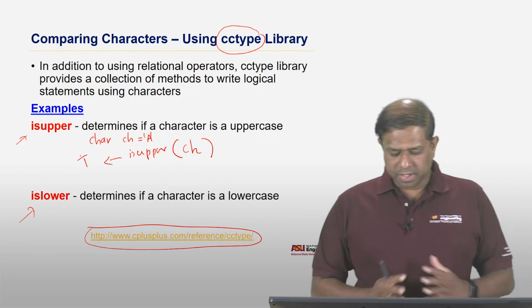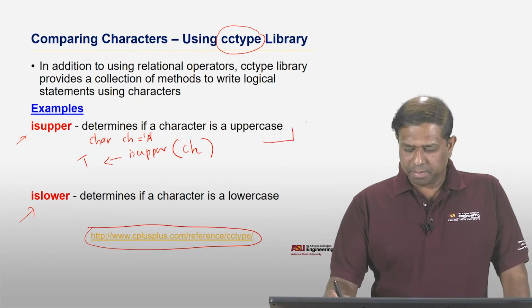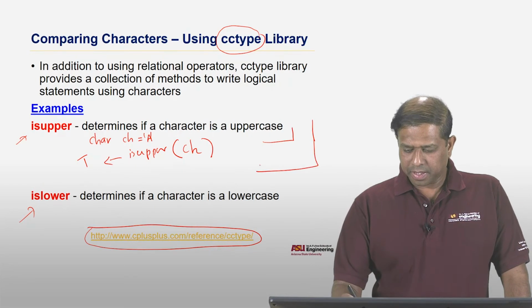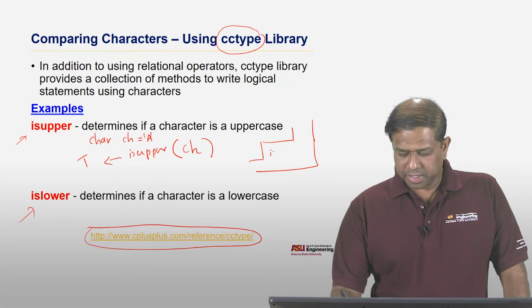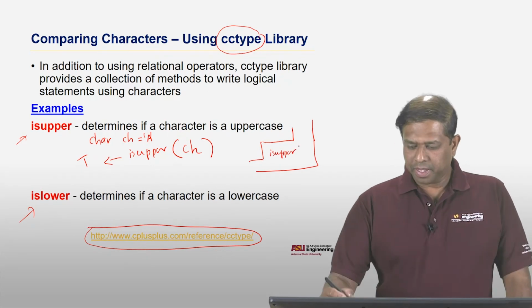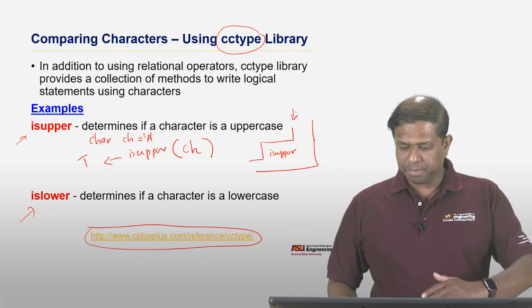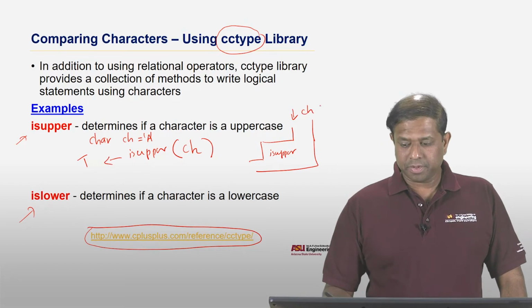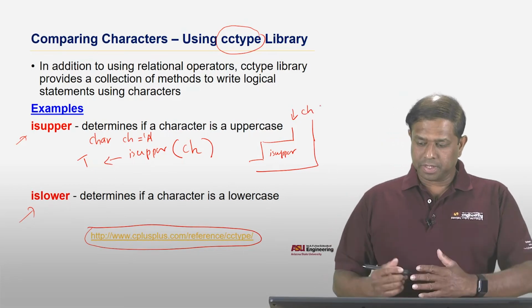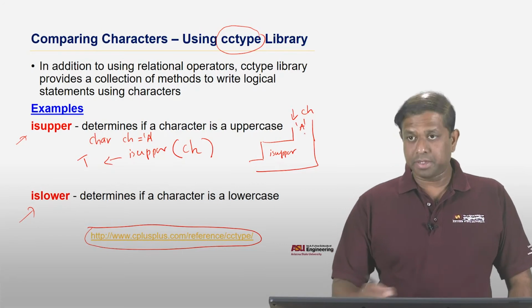Now to understand how this method concept works, we can think about a method as a box like this that has a name. The name of this box is isupper, okay. And for this box, we have certain inputs that we can put. For this one, we should be putting a character input, so ch is the input that we put in here. When we use the ch variable, we are essentially passing character A to this box.